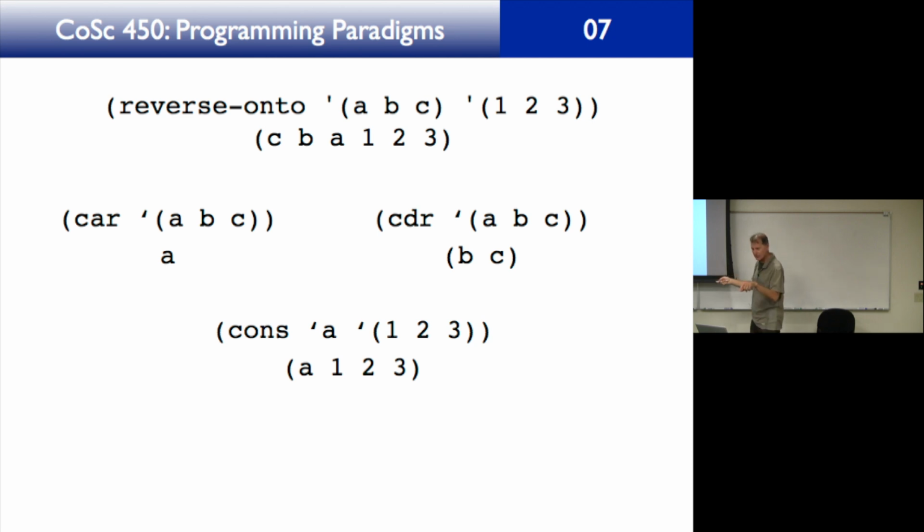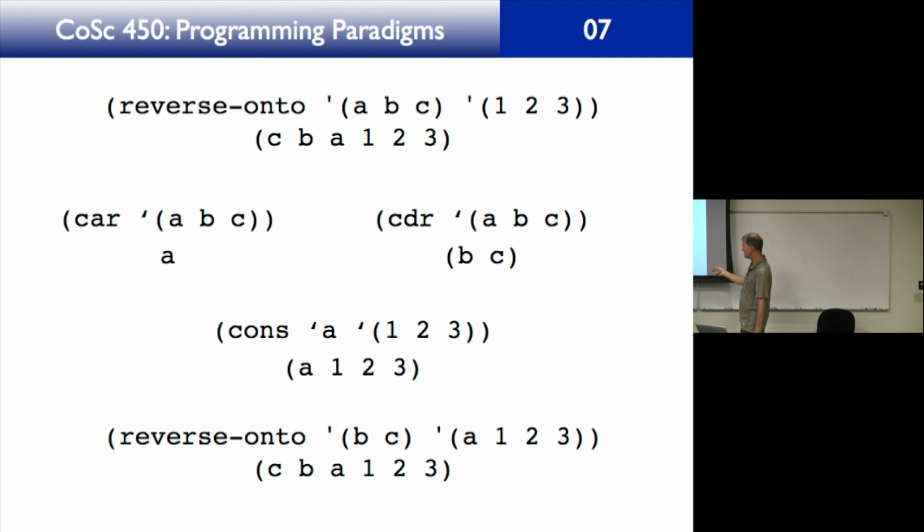You reverse onto what? BC. So you reverse onto BC onto the A, 1, 2, 3, and that will give you C, B, A, 1, 2, 3. Now, does everybody see how that worked?